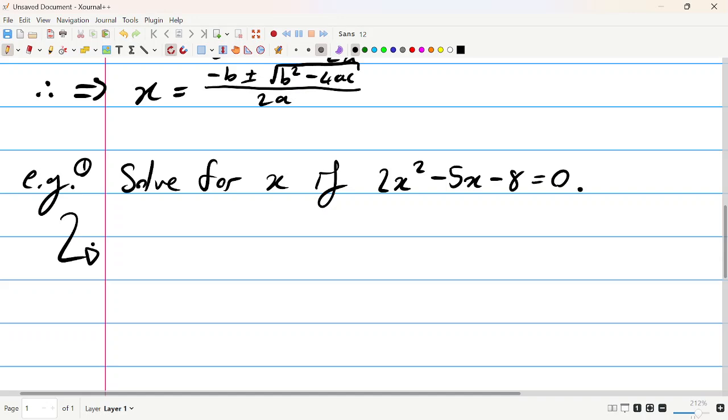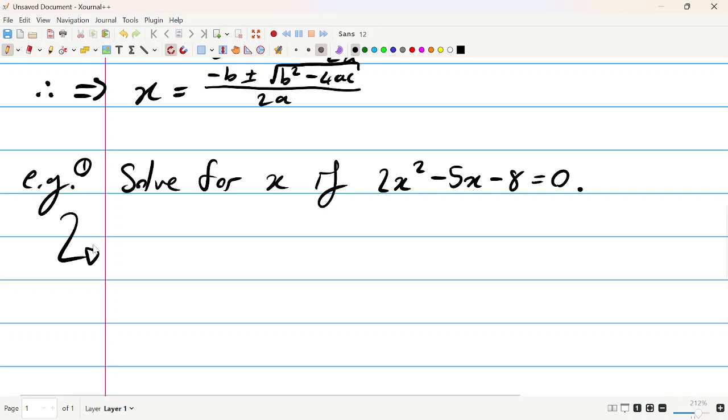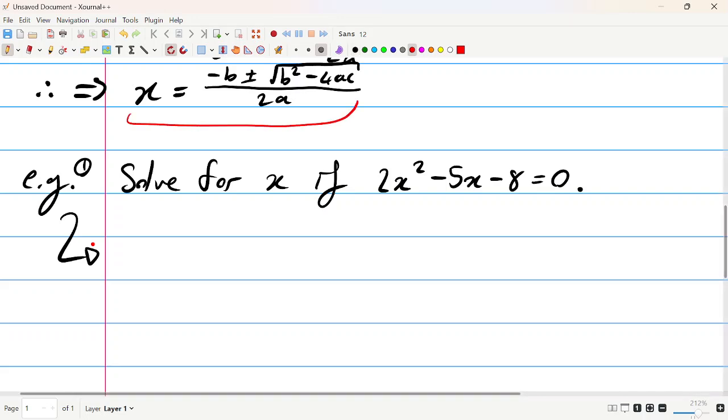Alright, so this first example I will do for you, and then the next example I'm going to give to you to practice. Okay, so in this case, we are going to be using the quadratic formula to solve for x. So what do we notice? The standard form for a quadratic equation is ax squared plus bx plus c equals 0.